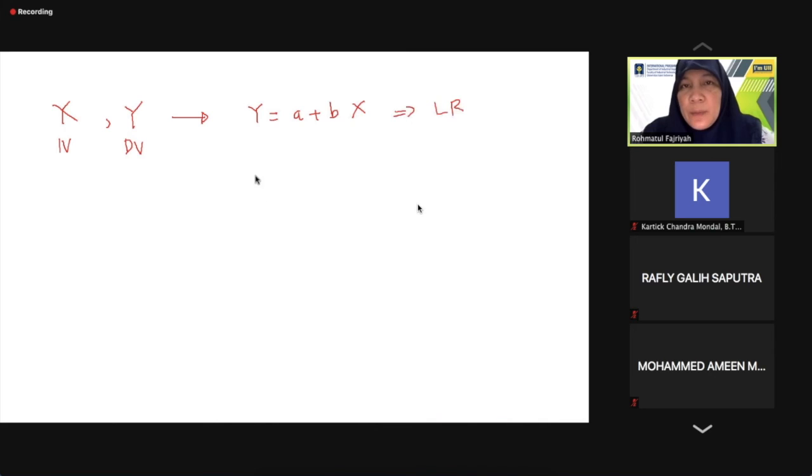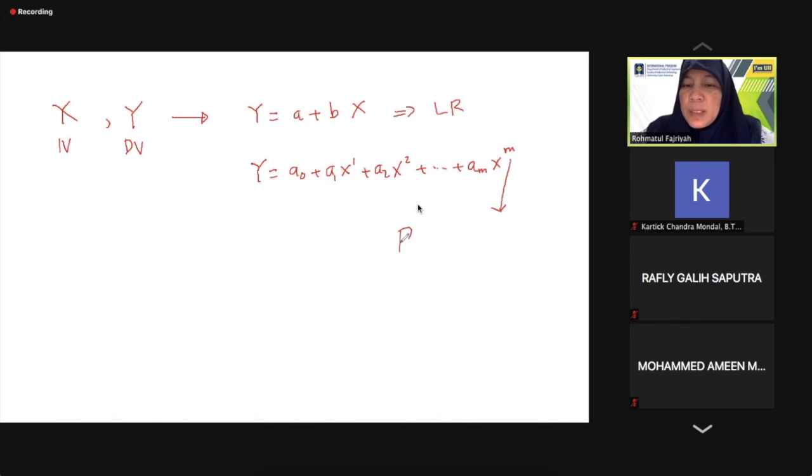And you can also form polynomial regression, which is, for example, like this: a0 plus a1 x power 1 plus a2 x power 2, and so on. Maybe the last one is am x power m. So this is the higher degree.